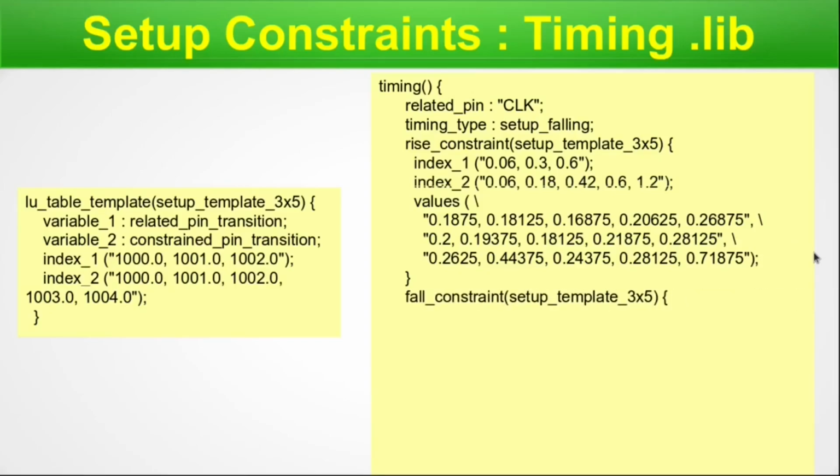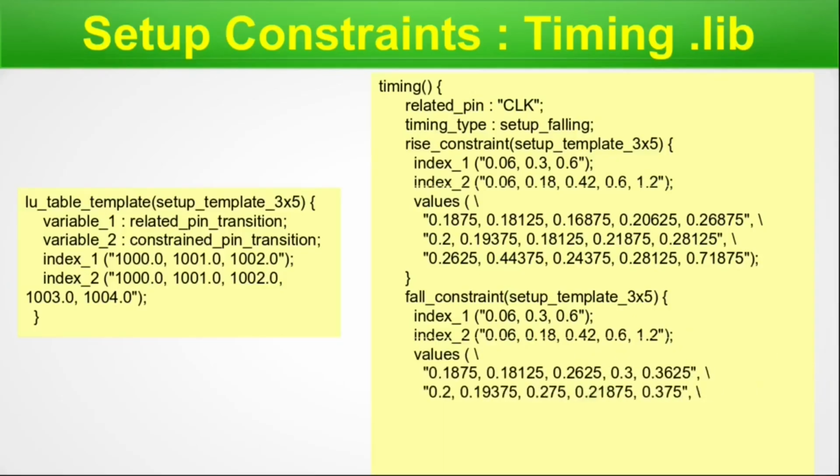Now we also have a similar table for the fall constraints. So we have rise and fall constraints. Similarly here the three indexes for the rows are 0.06, 0.3 and 0.6, and there are 5 column indexes here. And next comes our table: first row, second row, third row, and we close the table. And we finally close the timing block.